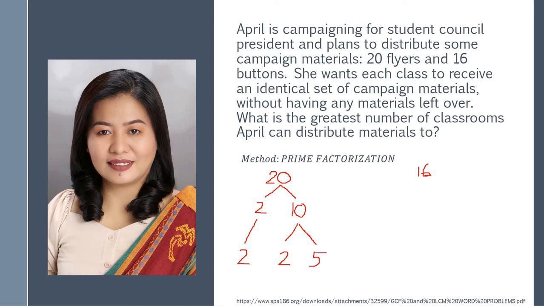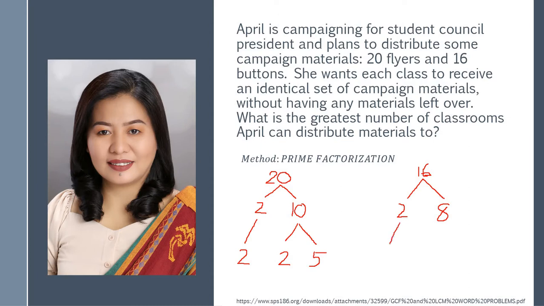Yes, because the factors of 5 are only 5 and 1, or 1 and itself. So we move now to our next number, 16. Again, we can start with 2. A number that, multiplied by 2, gives you 16 is 8.